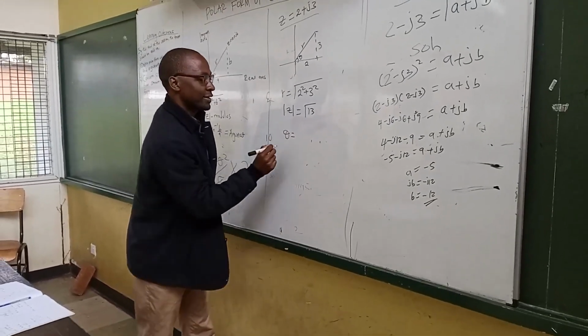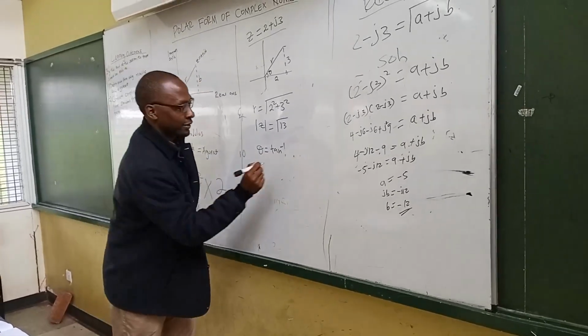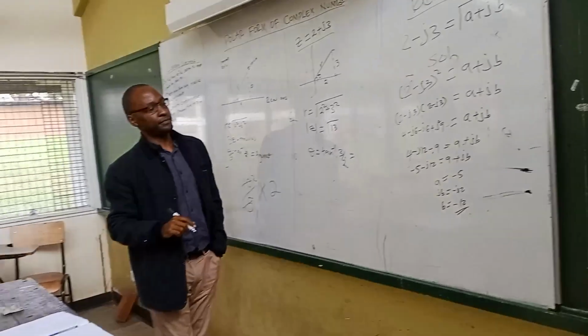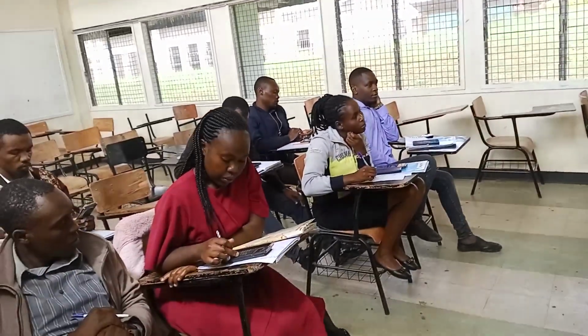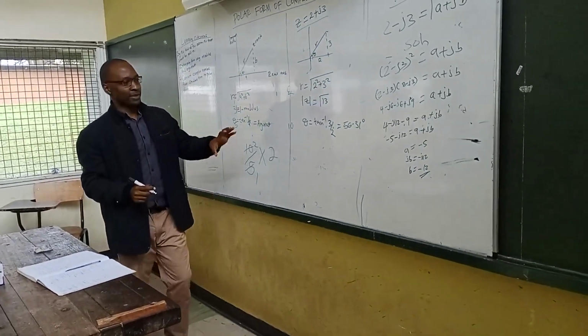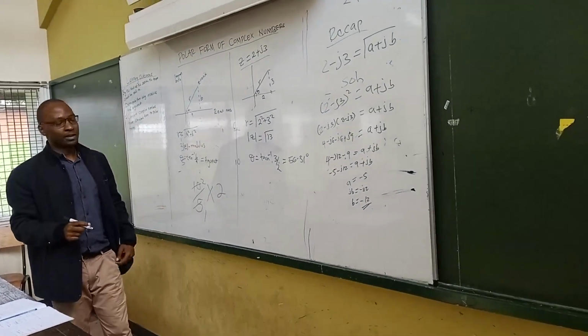What if you are asked to find the argument, our theta now? It will be tan inverse of 3 over 2, which, using a calculator, will be 56.31 degrees. So from this, you know how to find the modulus and the argument.